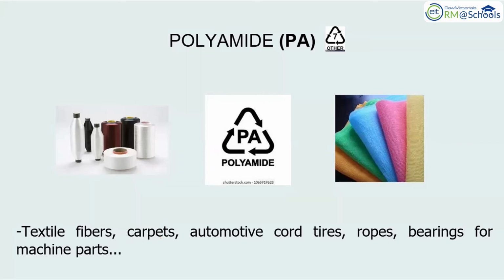Polyamide products are textile fibers, carpets, automotive cord ties, ropes, bearings for machine parts, also toothbrushes. Those fibers and toothbrushes are from polyamide, as well as socks and other materials, clothing. We can see it on.